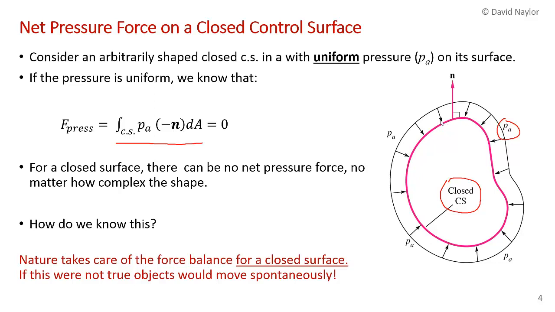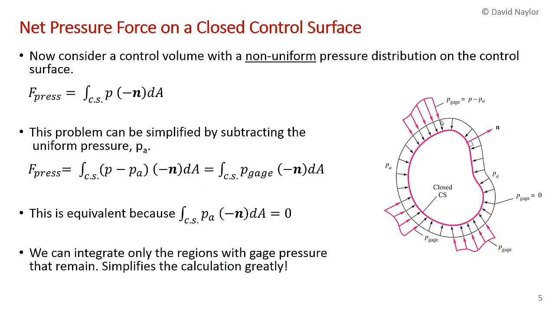Now we can use this convenient fact to simplify the net pressure calculation when we have a more complex pressure distribution. So now consider, again, this arbitrary control surface here. But now we have sections of the control surface where we have a non-uniform pressure.